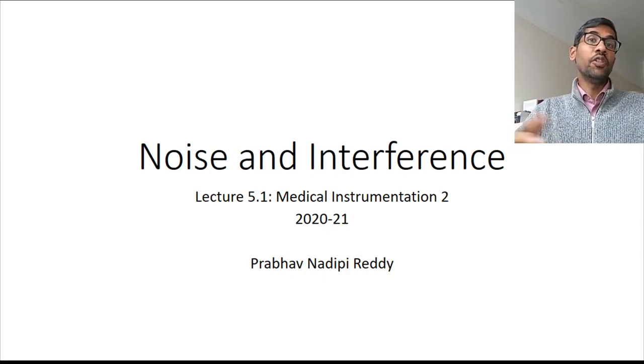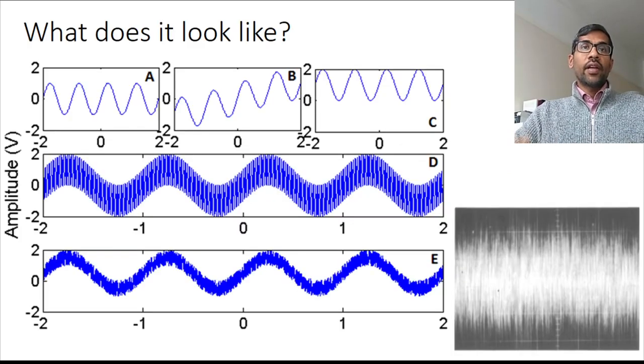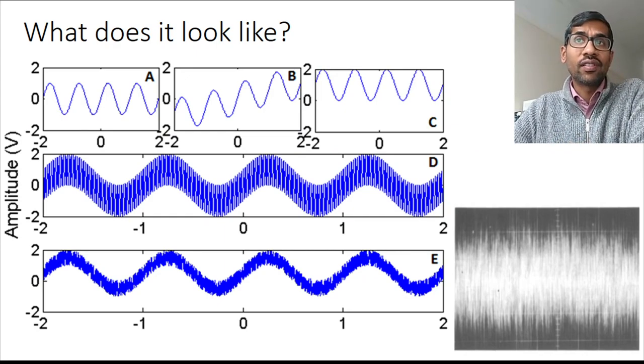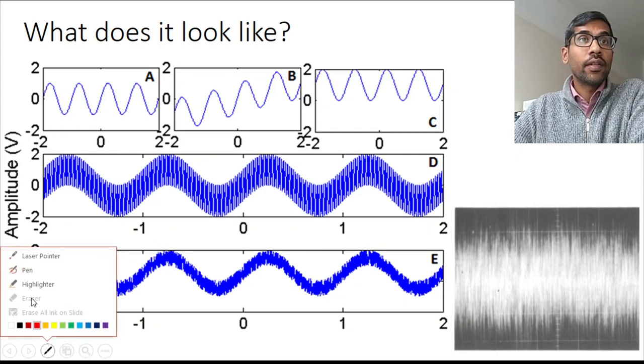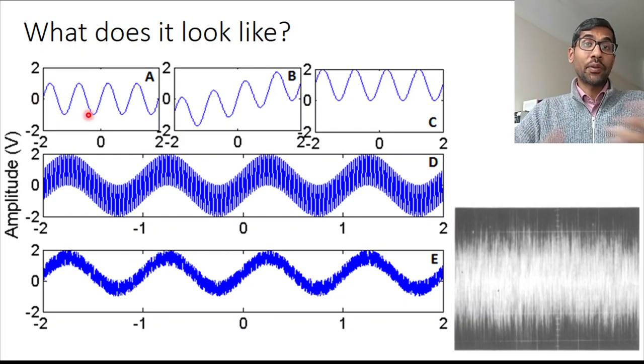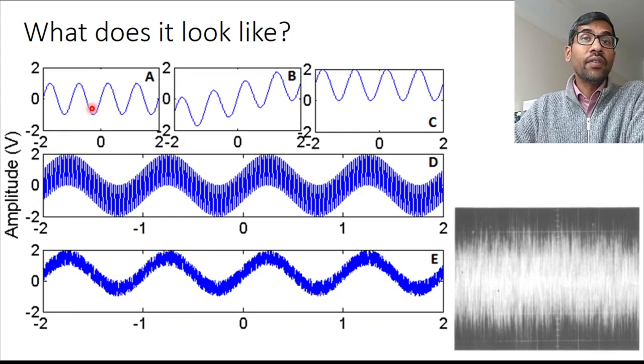Let me give you a few examples to show what we are talking about. In this slide, I have a variety of different kinds of noise that you would find in electronic circuits. So here's a signal. This is the proper signal without any noise, without any interference. You could have different kinds of noise and interference impinging on this signal.